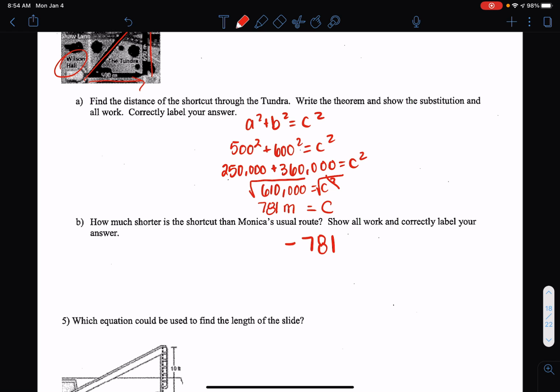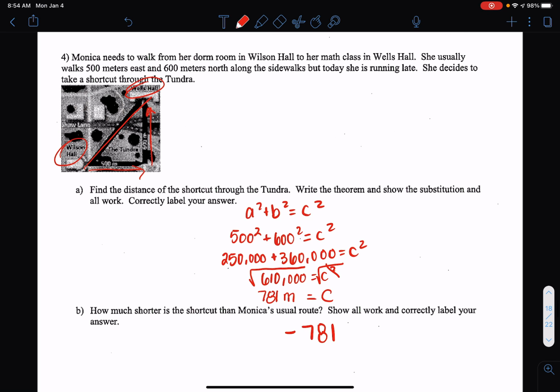So the only thing is that I don't know what to subtract to because I have 781 as my shortcut, but what I'm trying to find the difference of is Monica's usual route, okay? And at the very top, it tells me that her usual route is she walks 500 meters east and then she walks 600 meters north, okay?